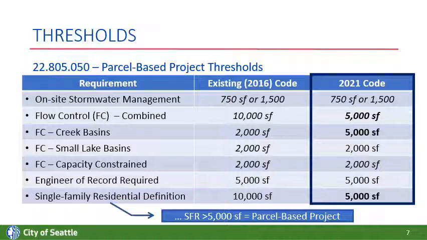So even if it's just one single family house in a single family zone, if it's more than 5,000 square feet, then the project becomes a parcel-based project, and it could be subject to water quality and flow control requirements.